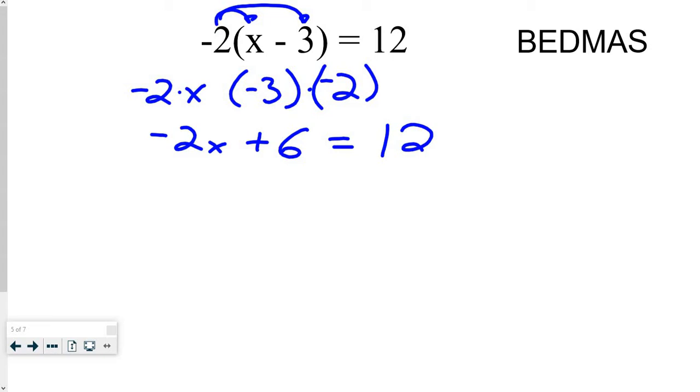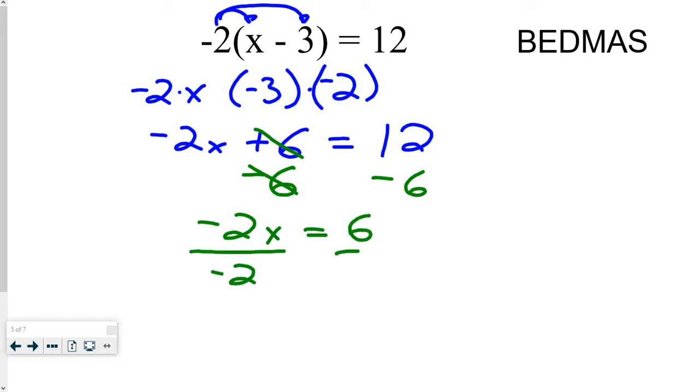Now we have to follow our BEDMAS backwards. We subtract 6 from both sides. Those 6's are gone. We're left with negative 2x equals 6. When we divide by negative 2, x equals negative 3.